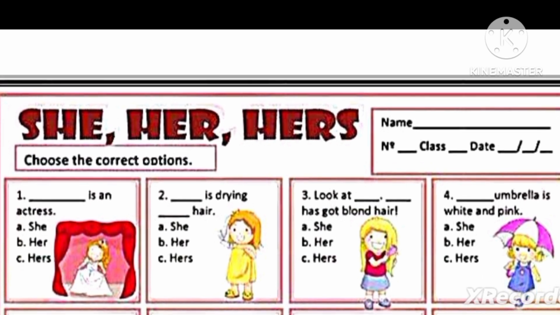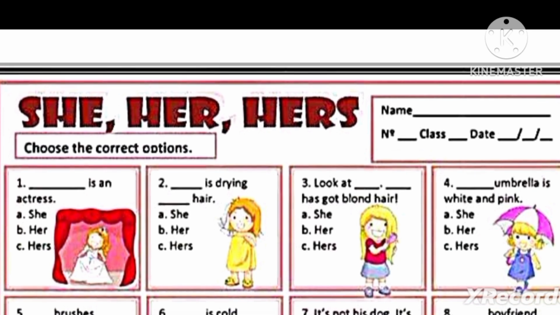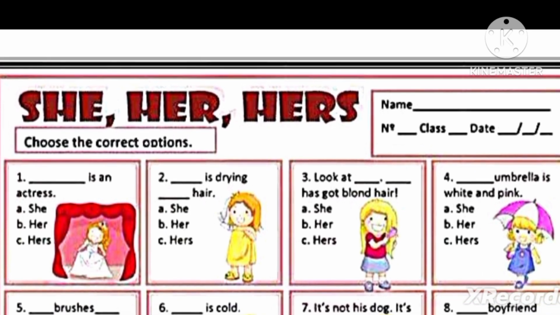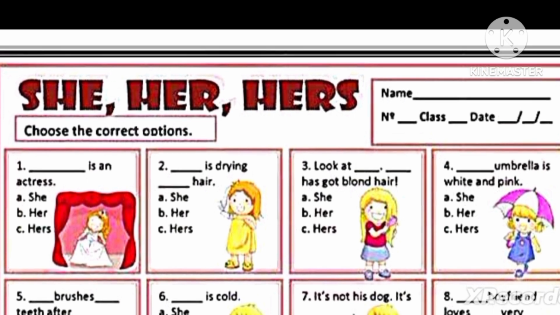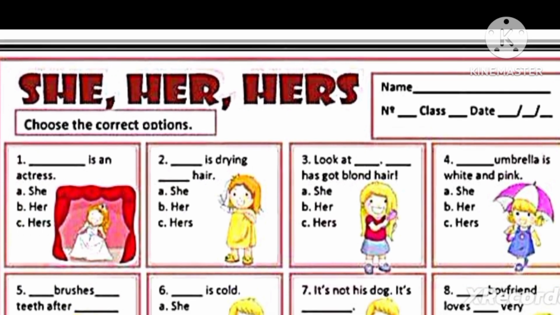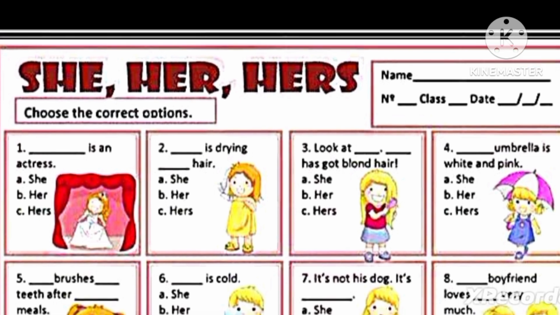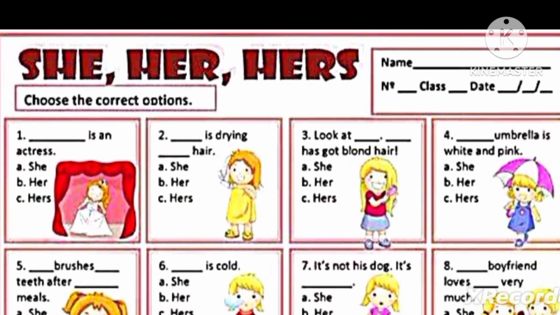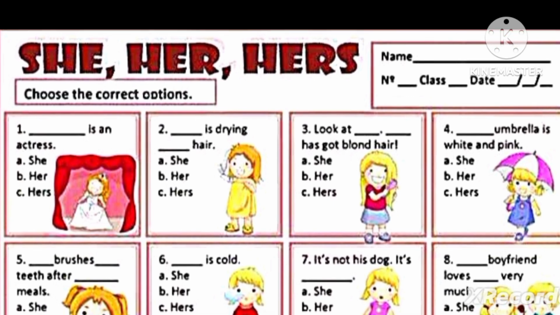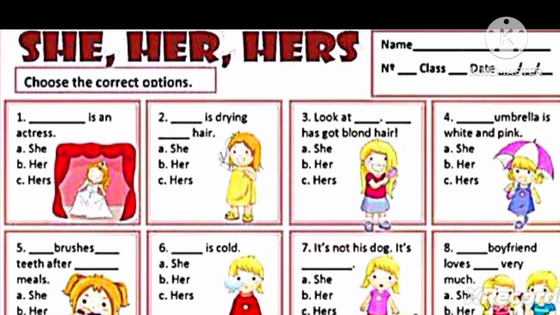Look at her. She has got blonde hair. Her umbrella is white and pink. Fifth one, she brushes her teeth after her meals.